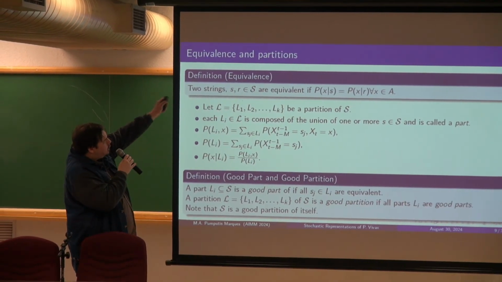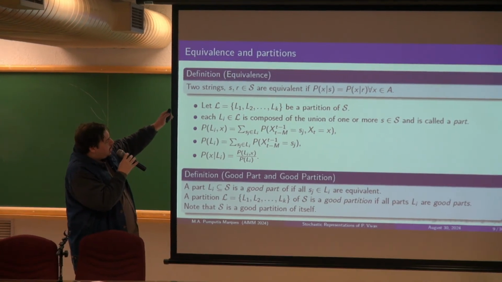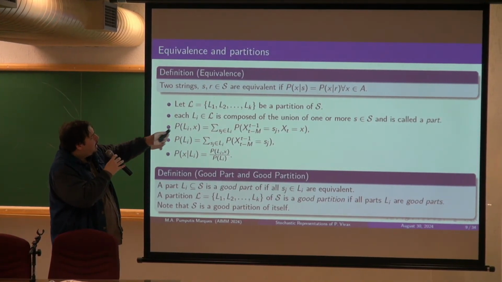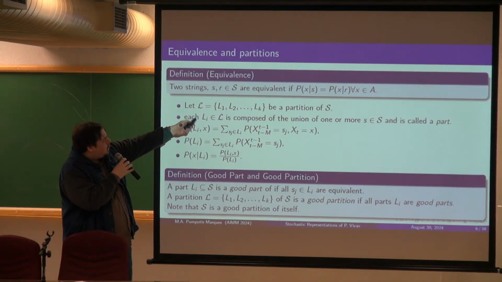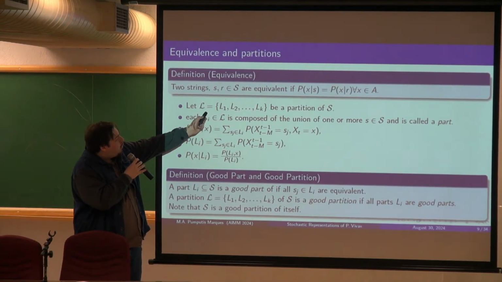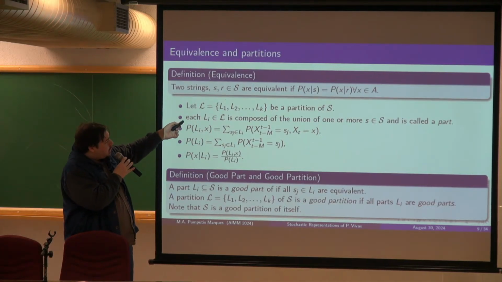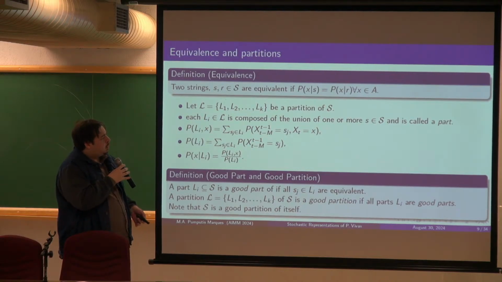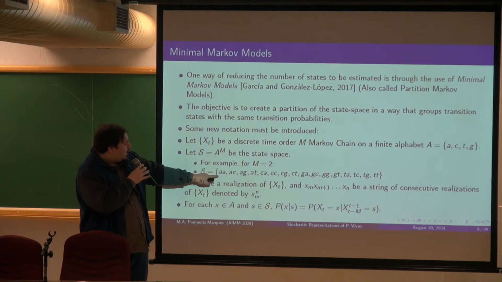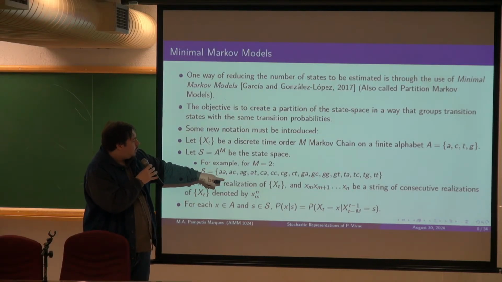So this is equivalence. Now let's imagine that we have a partition of S that already has some parts. The calligraphic L is a partition, and the normal L's are the parts. A part is composed of a union of states. Going back here, we say, for example, that AA and AC are equivalent. Let's suppose that we have this.